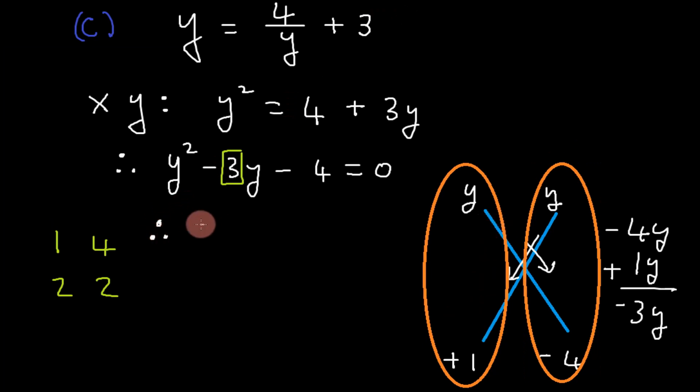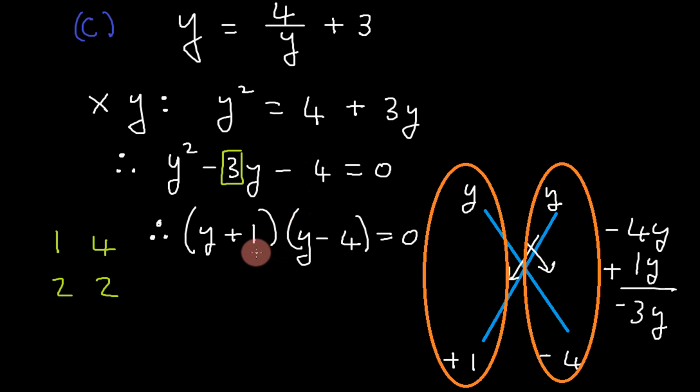So y plus 1 in one set of brackets and y minus 4 in the second set of brackets. We multiply out mentally. Y times y is y squared. Positive 1 times negative 4 is negative 4. Then we have positive y minus 4y is negative 3y.